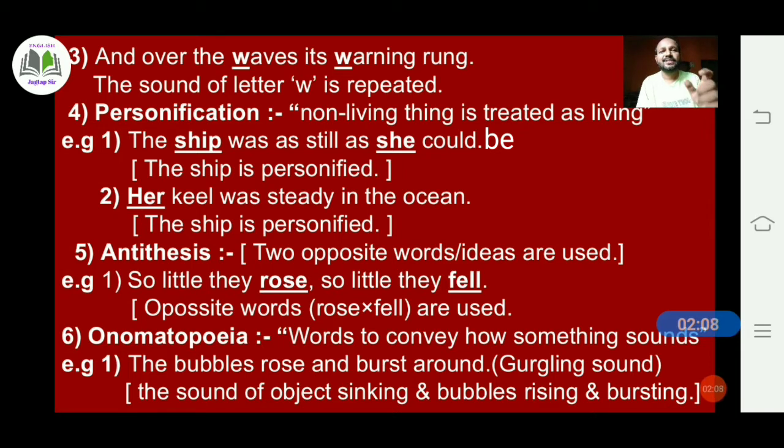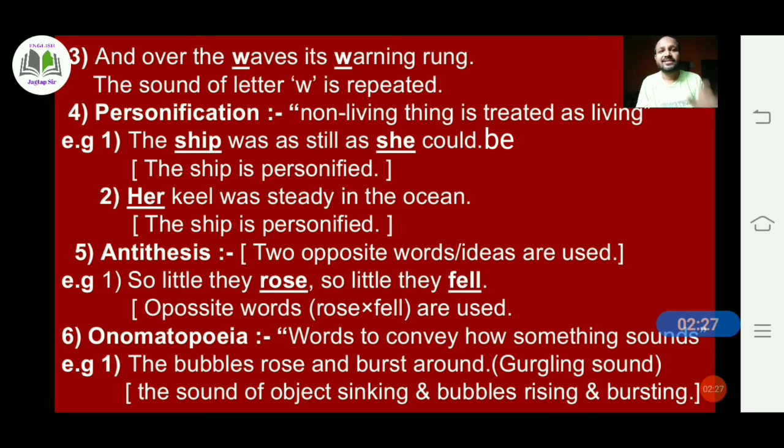Now my dear students, let's talk about poetic device number 4, that is personification. And what is personification? Where a non-living thing is treated as living. How? Let's look at the example. The ship was as still as she could be.